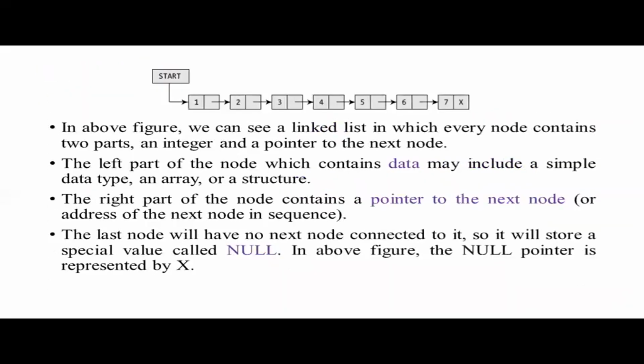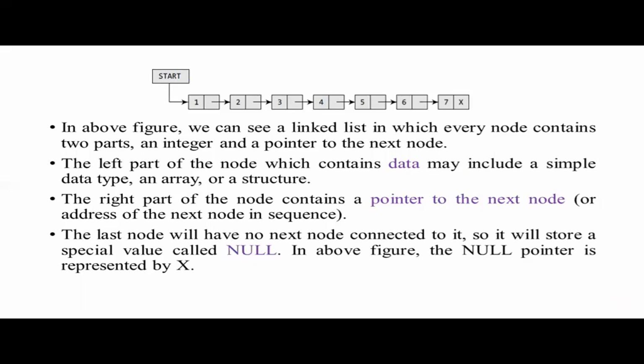How is the linked list represented? In a linked list, every node contains two parts, the left part and the right part. The left part contains the data and the right part contains a pointer to the next node. The last node contains its next field as null.